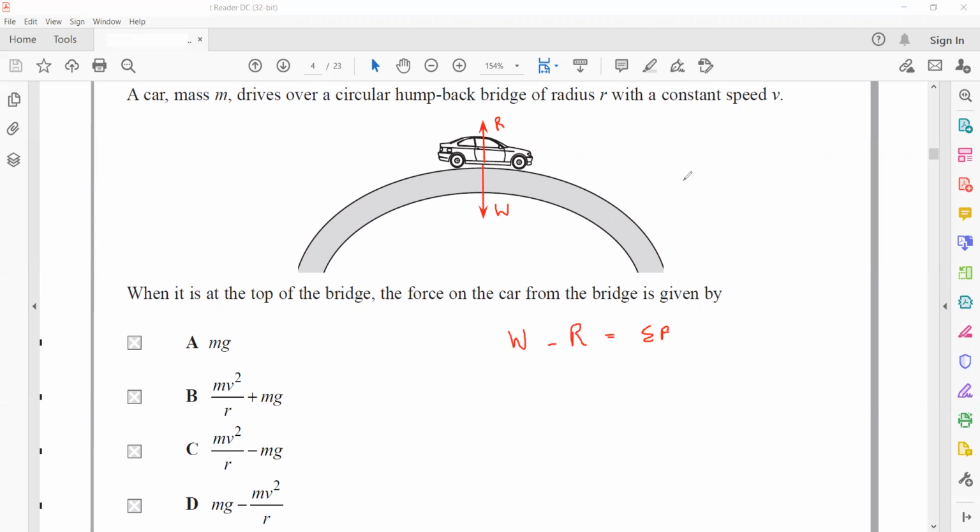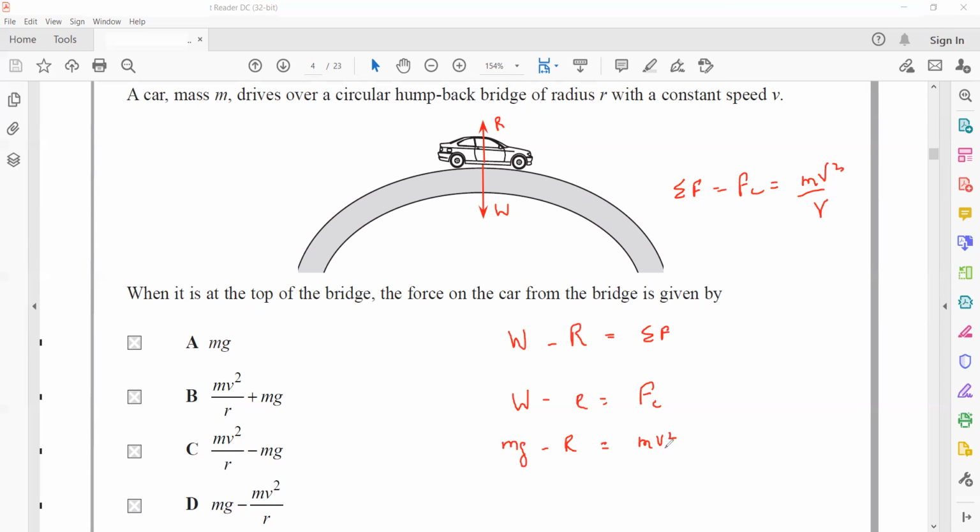And what should be the resultant force in this example? The resultant force should be equal to centripetal force, which is equal to mv square over r, because the object is moving in a circular path. So we can write that weight minus R is equal to centripetal force, Fc, and we know weight is mg, so mg minus R is equal to the centripetal force.